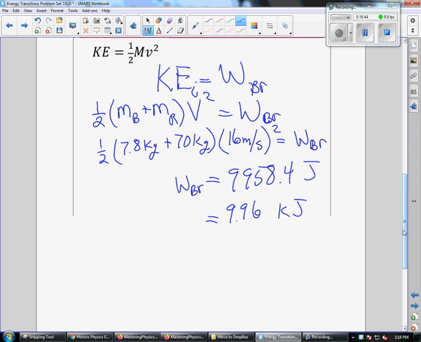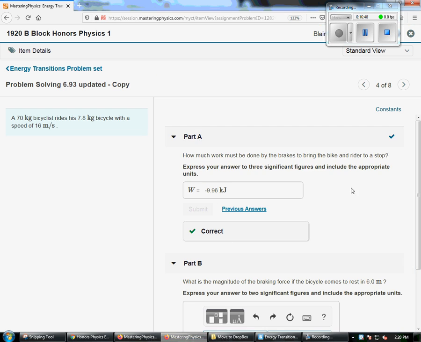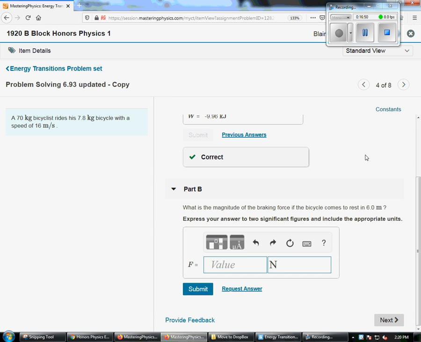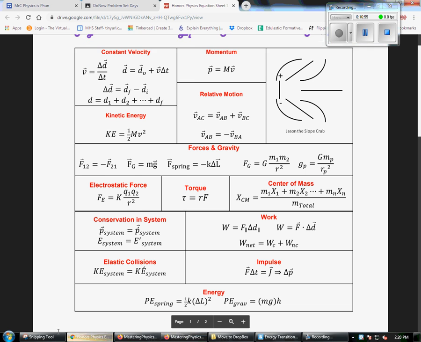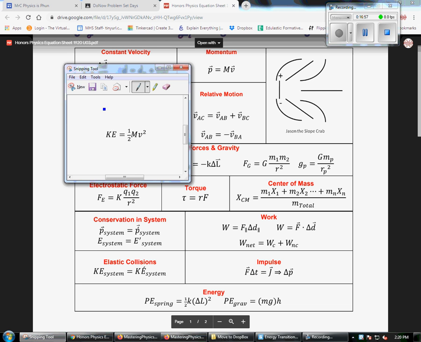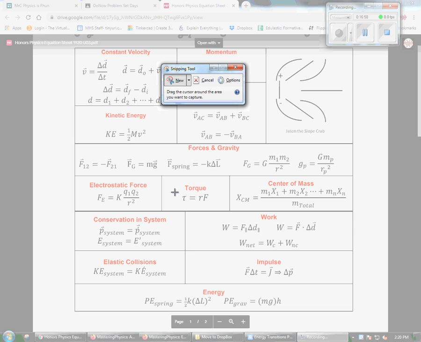Alright, now we need to do part B, which says what's the magnitude of the braking force when it comes to rest. So we need an equation again. This time we need the one for work, which is right down here.